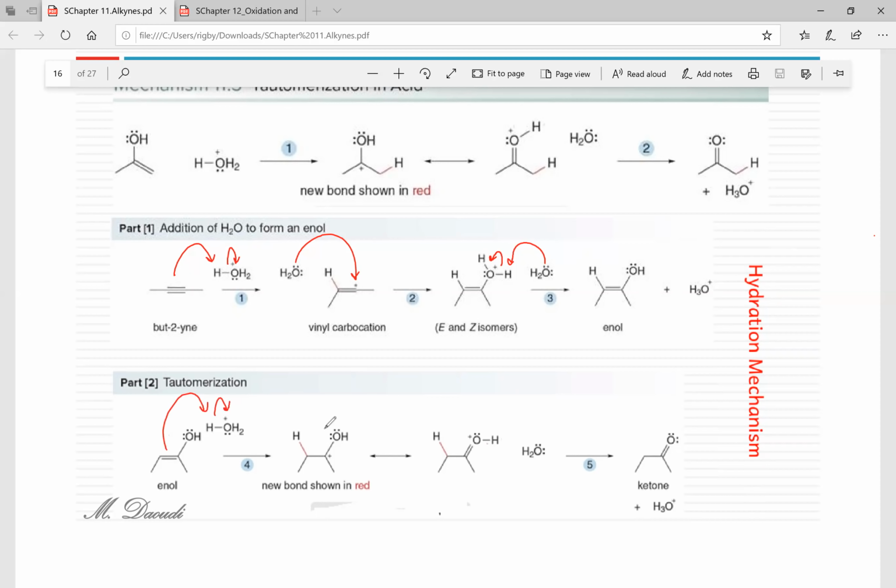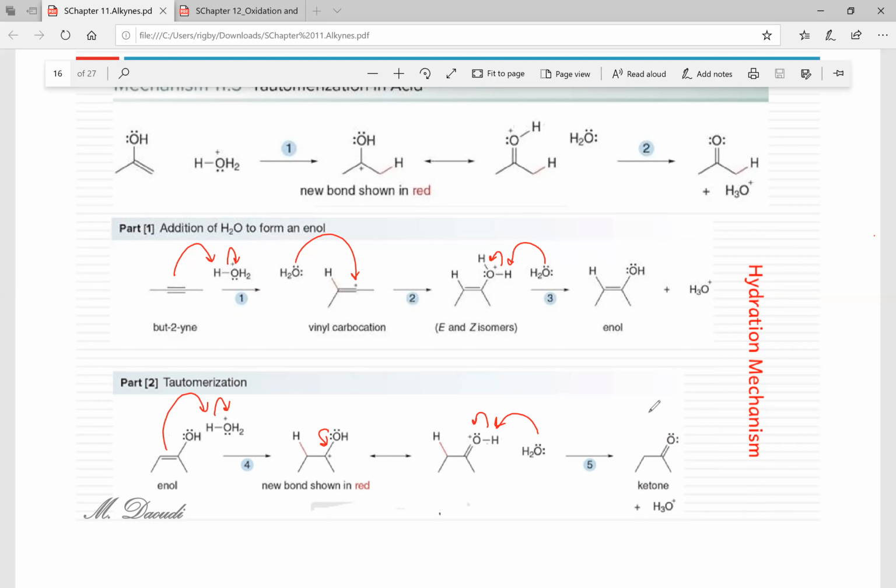We end up with a positive charge, this forms. Oops, I drew that arrow wrong. This leaves, grabbed by this, and then we end up with our final product. And so you can see here the end product of this hydration in acid followed by tautomerization, okay?